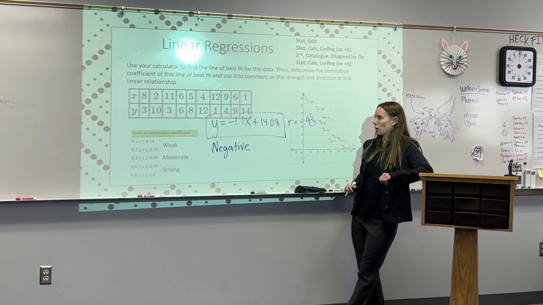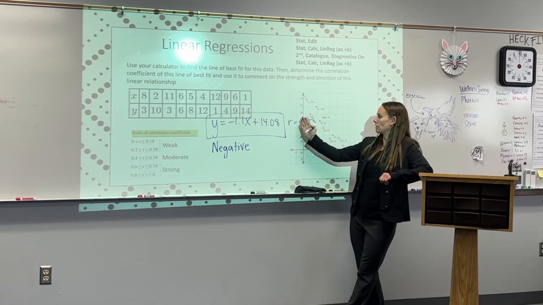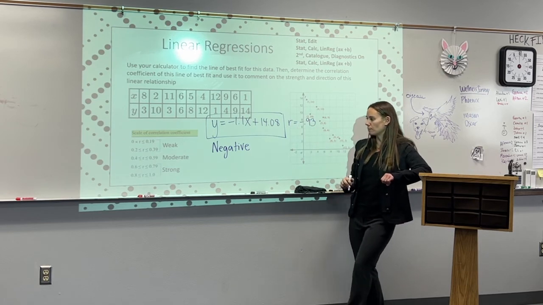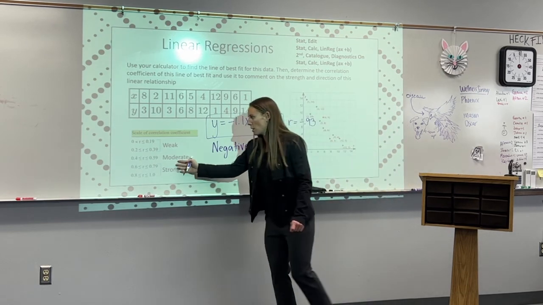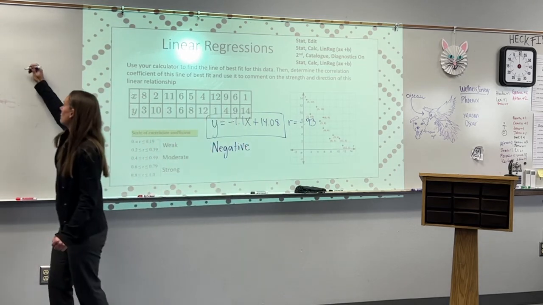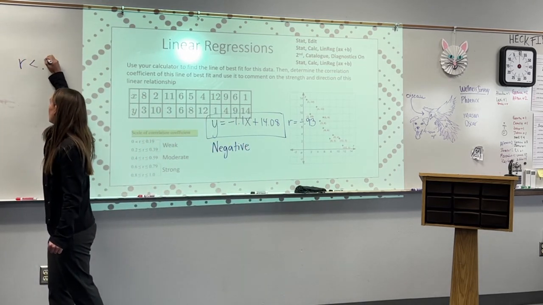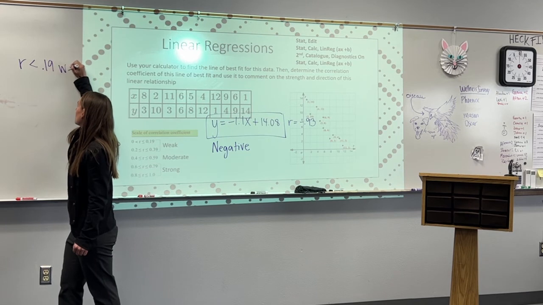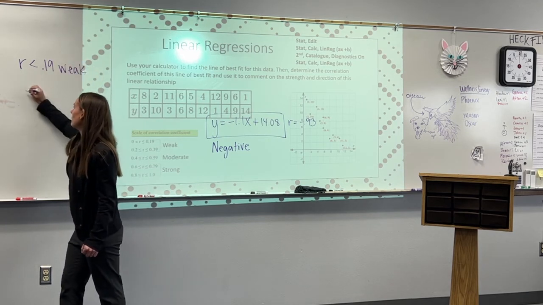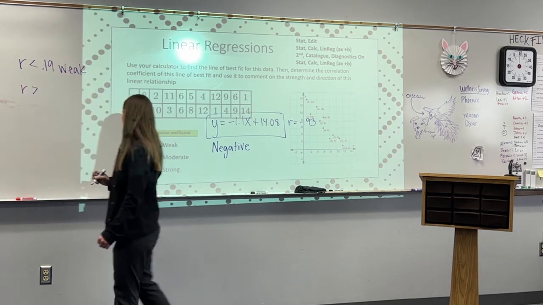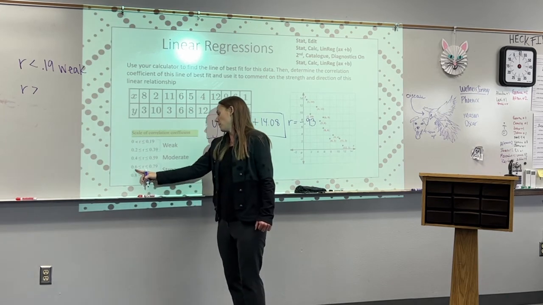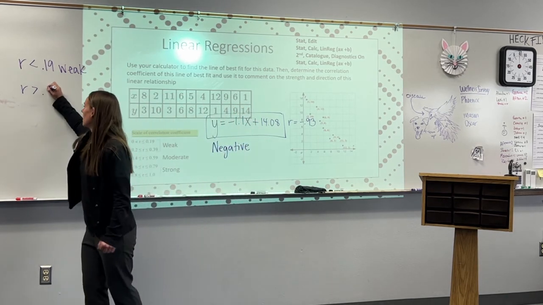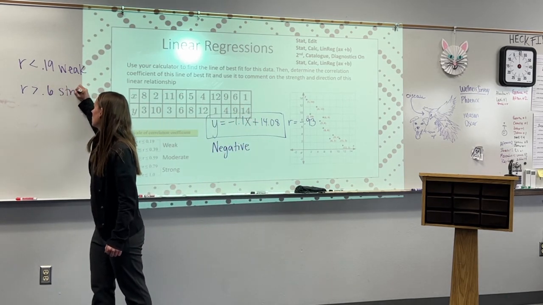And then we have to choose between weak, moderate, or strong. So this negative 0.93, you can think of it as just a 0.93 if you want. And this is a little too small. Let me write this up bigger for you. If you have an R that is less than 0.19, that is considered weak. If you have an R that is greater than a 0.6, that is considered strong.